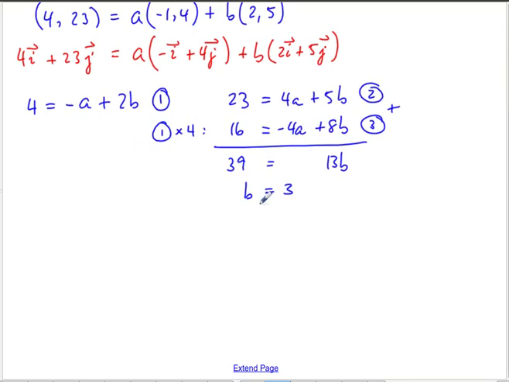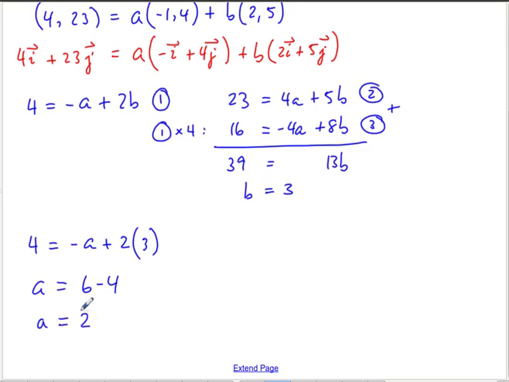And then from there, I'm going to substitute b equals 3 into equation 1. So I end up with 4 is equal to negative a plus 2 times 3. I'll bring the a over to the left side, and I end up with 6 minus 4, so a is equal to 2.